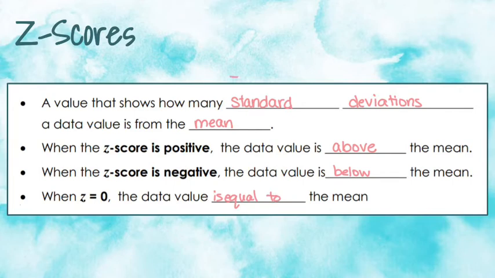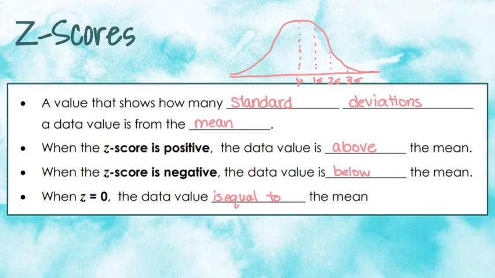So for example, we've been learning about normal distribution. So here is our bell curve, and our mean is here somewhere. And then this is 1 standard deviation, this is 2 standard deviations, and 3 standard deviations.